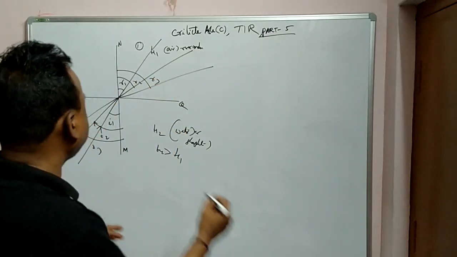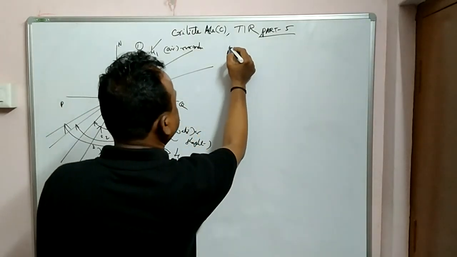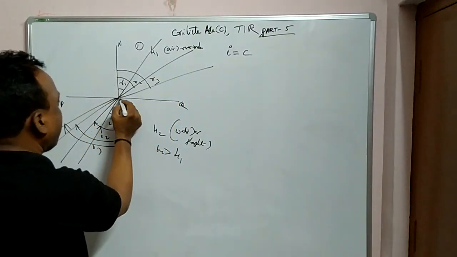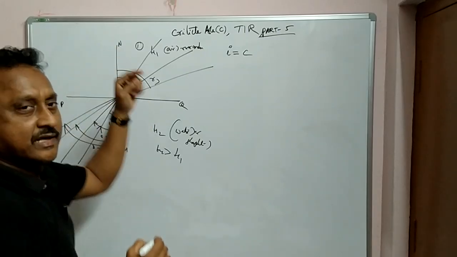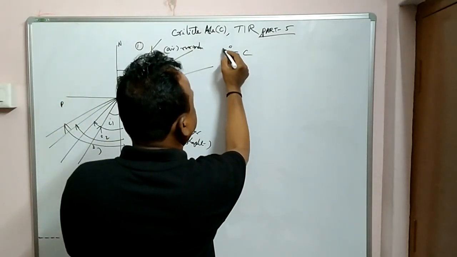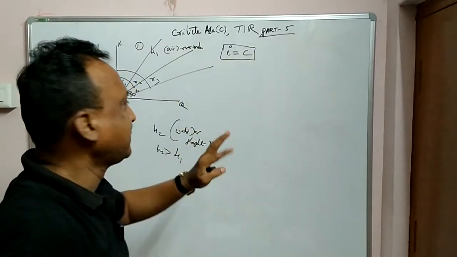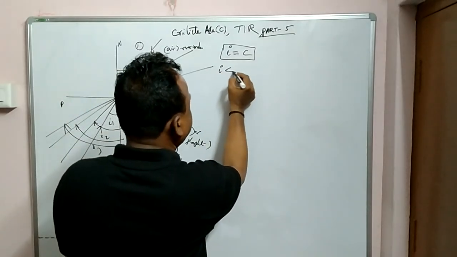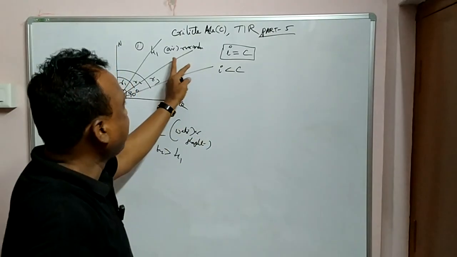But at a point, if the angle of incidence in the denser medium happens to be C, then at that particular instant the light will be making 90 degrees with the normal. That means it is grazing the surface. If i is equal to C, the incident angle in the denser medium equal to the critical angle, then there is no more refraction. If i is less than C, then it is refracting.